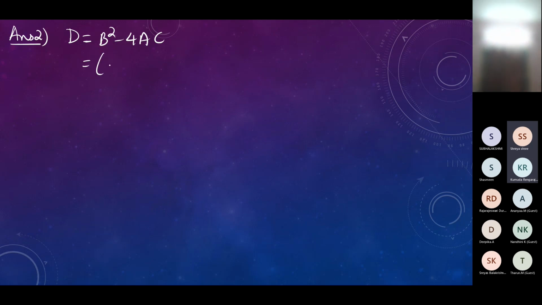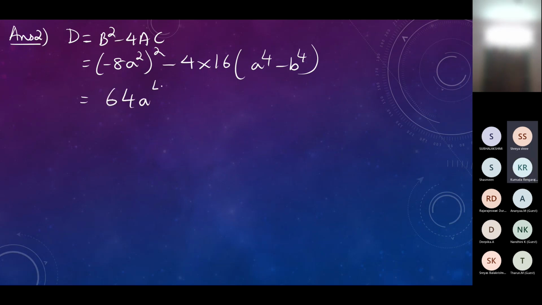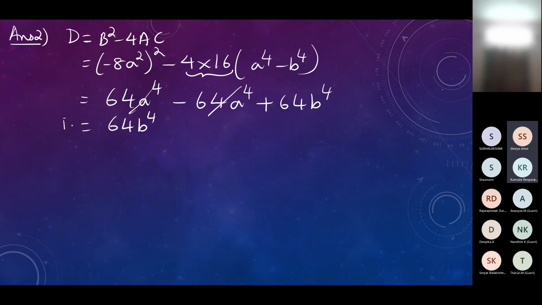So D is minus 8a², so b² is 64a⁴, minus 4 into a into c. See, this one is 16, so 64 into a⁴ minus into minus plus 64b⁴. So this gets cancelled and D is 64b⁴.